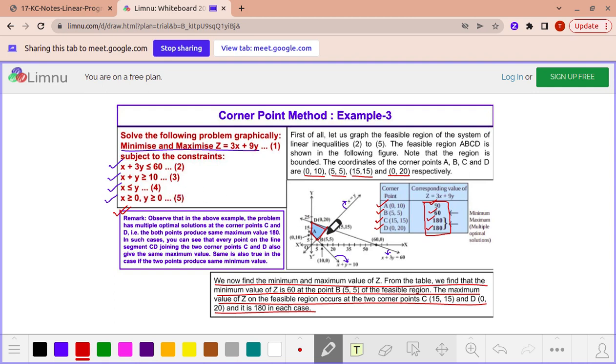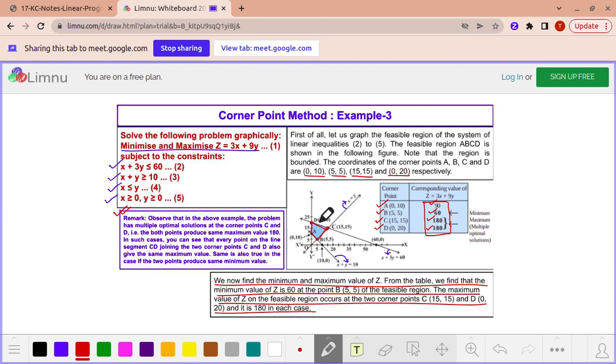So you see that for the point C having the coordinates 15, 15, we get the maximum value, and also for the point D having coordinates 0, 20, we get the maximum value.